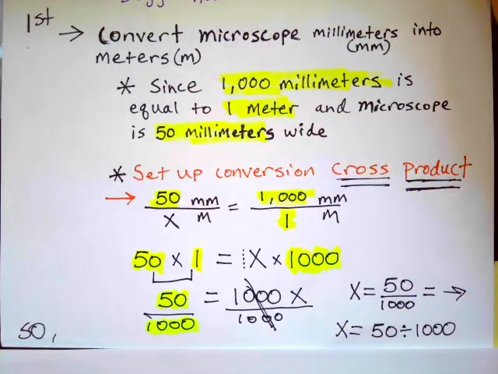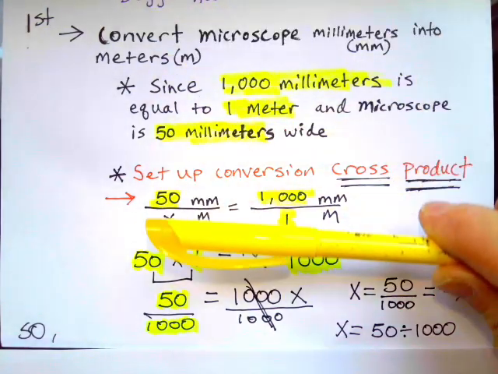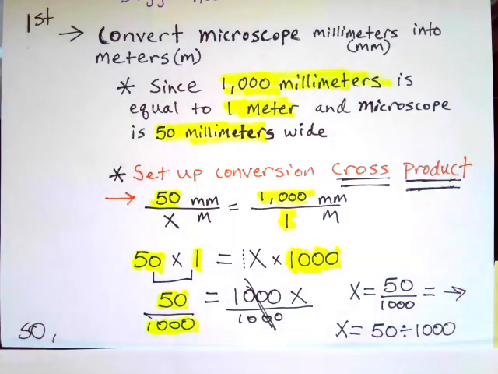We're just organizing. This was the part 5 video, going over and showing you how to convert millimeters into meters, because that's what the diameter of those dog hairs is in: meters. So we had to convert first.